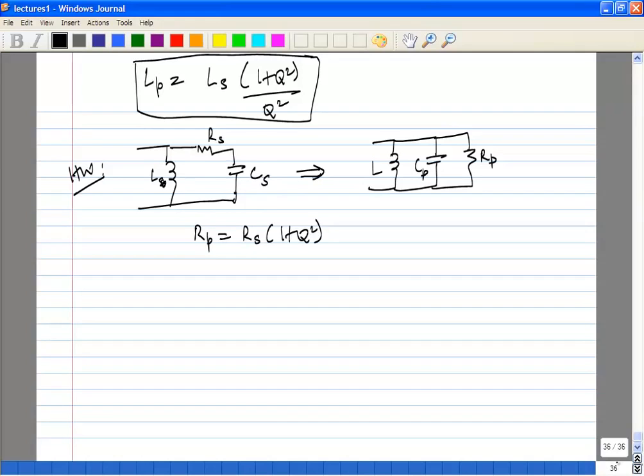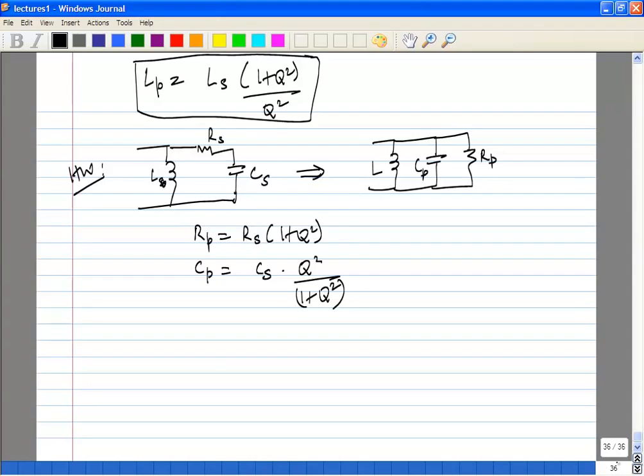Okay, and CP is CS times Q²/(1 + Q²). It's just a little bit different from the LP relation. In the LP relation, you have (1 + Q²)/Q². Here you have Q²/(1 + Q²). Okay? Is that pretty straightforward, everybody?